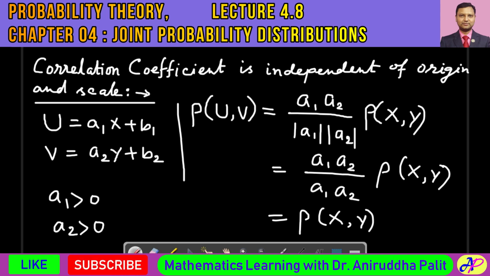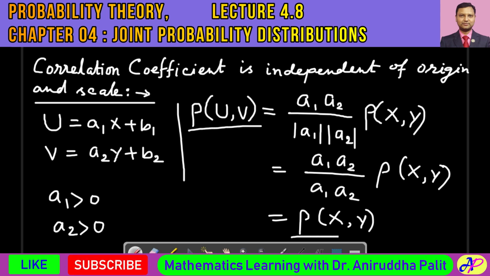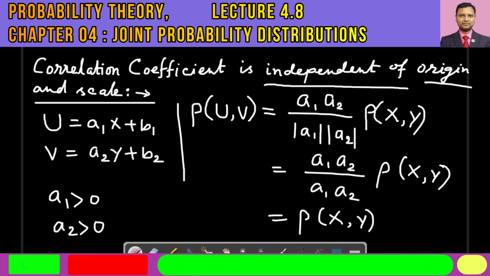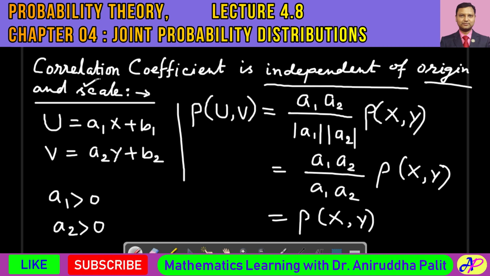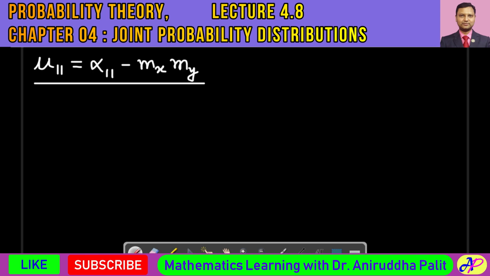That's why we say that the correlation coefficient between u and v is the same as the correlation coefficient between x and y. That means the correlation coefficient is independent of origin and scale of measurement. This is the second result that I wanted to discuss.